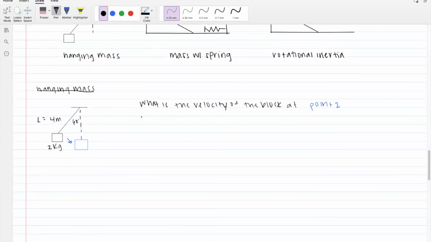So the first step you want to do is find the initial height of the block. So let me redraw this portion of the diagram.